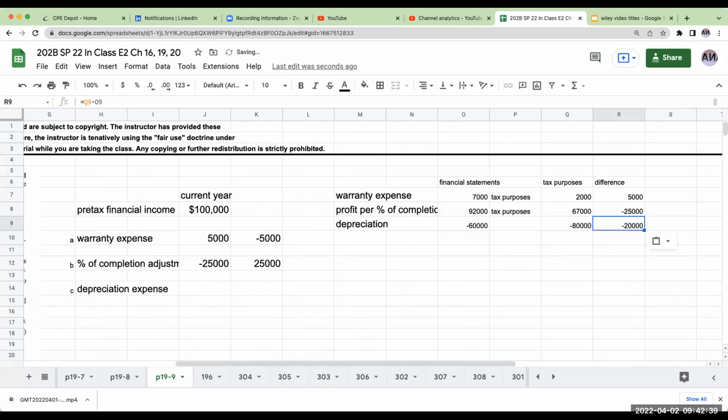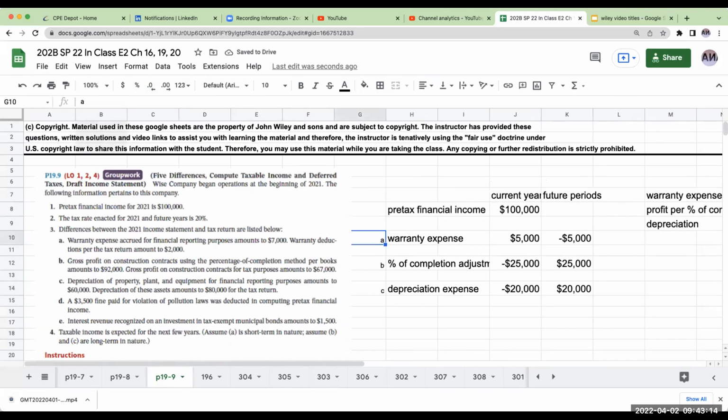So I'm taking another deduction of $20,000. As a reminder, for books, I deducted 60, but for tax, I get to deduct 80. So I get to deduct $20,000 more for tax purposes, but as nothing is free in Waterworld, I'm going to be paying for this later. I'll be dealing with this 20 in the future, so this will be future periods. Okay, so that's A, B, and C.